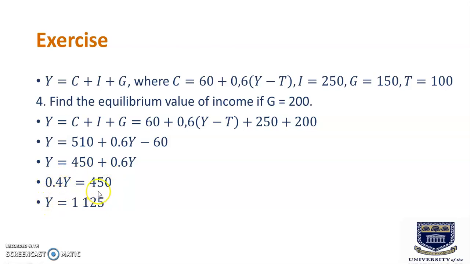So therefore, y is going to be equal to 450 divided by 0.4, and that's going to give me 1,125. So note the difference. G changed by 50 from 150 to 200. My equilibrium level of income, Y, changed from 1,000 to 1,125. Important to note that.